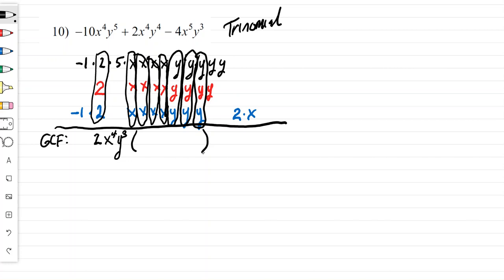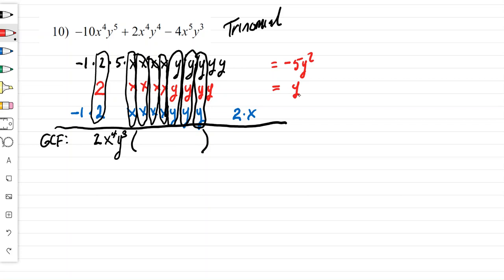Now I just got to figure out my leftovers. What's left over after I did all this? Well, on this line, I have negative 1 times 5 times y y. So that's negative 5y squared. What do I have left on this line? I just have a y, so I'm going to put a y. And what do I have left on this line?